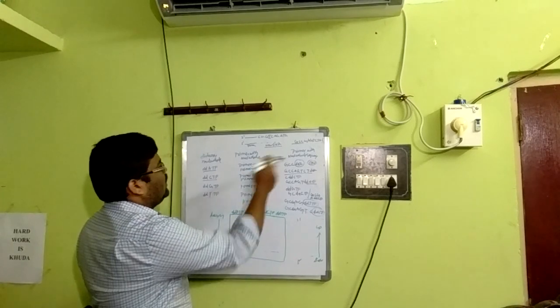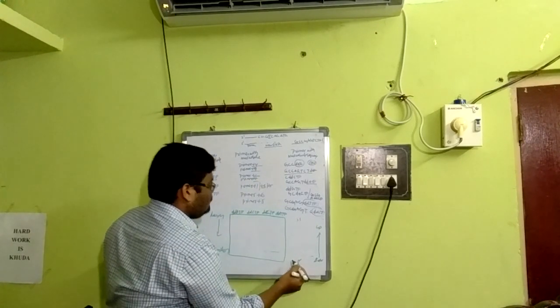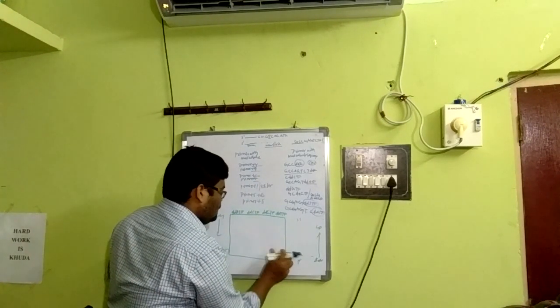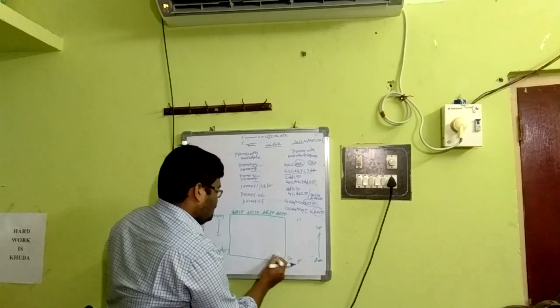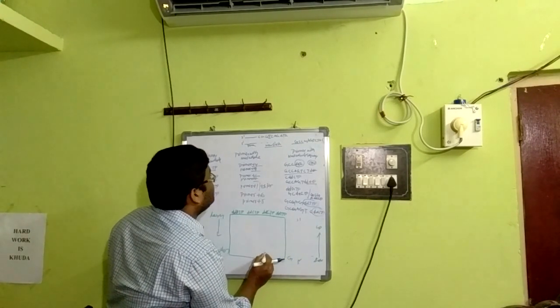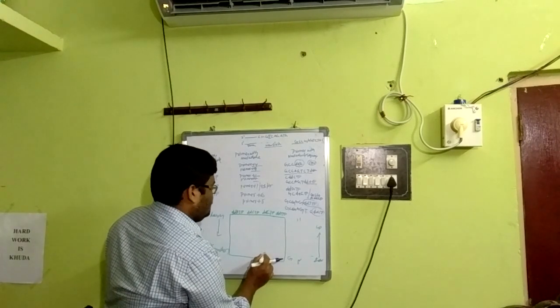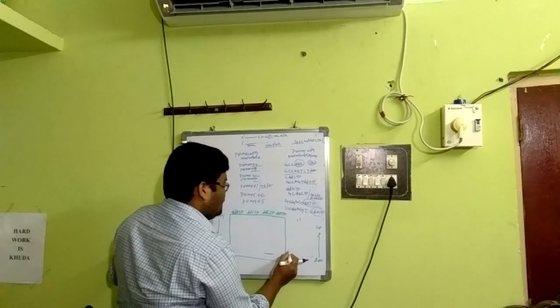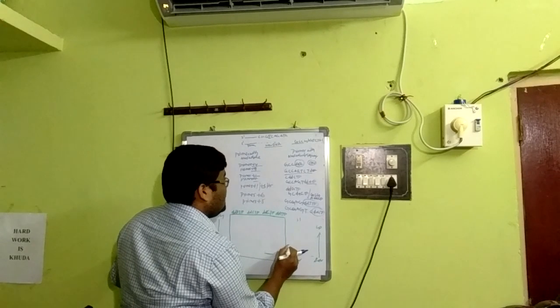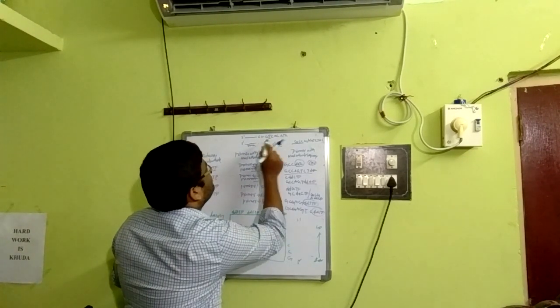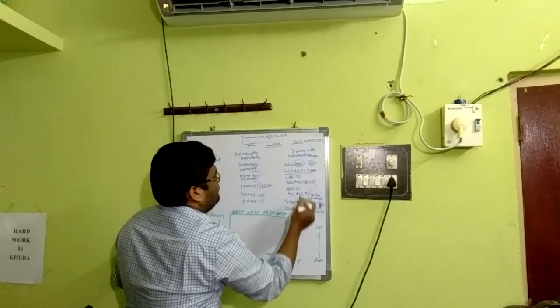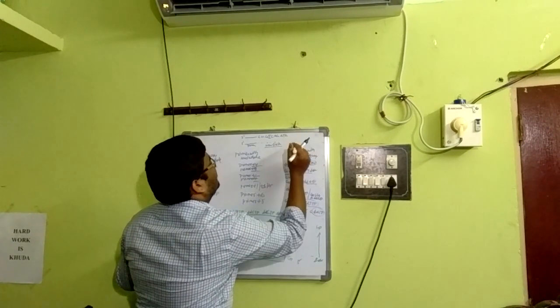How? For example, I told already: G, G, G, C, C, G, C, G, C, G. Perfect line, right?